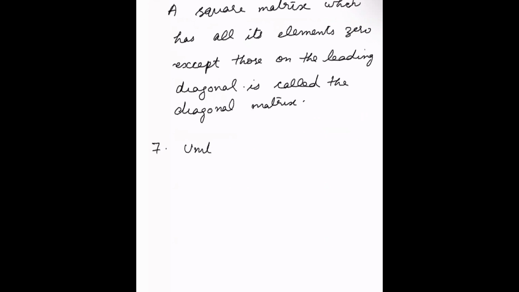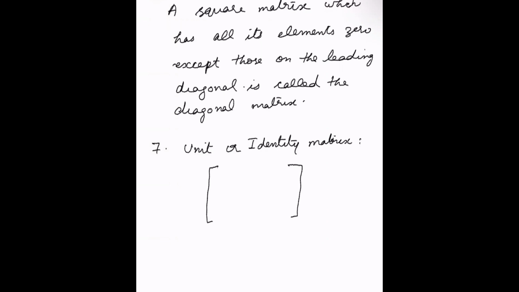Unit or identity matrix. This is very important. Of all the above things that we discussed, the square matrix, zero matrix, and unit or identity matrix are very important. A unit or identity matrix is a diagonal matrix in which each element of its leading diagonal is unity. Only the leading diagonal is non-zero.